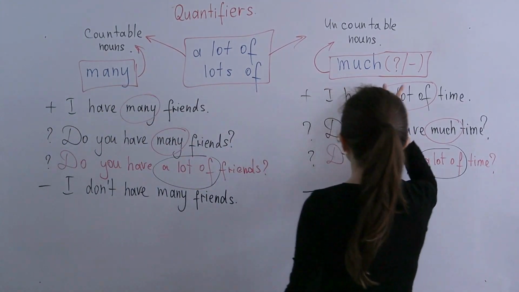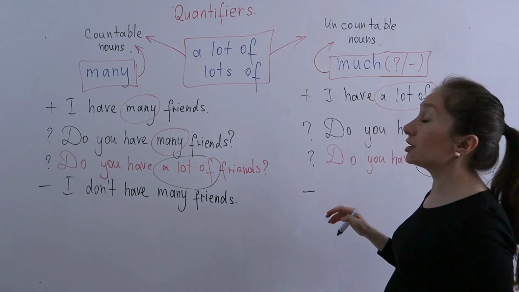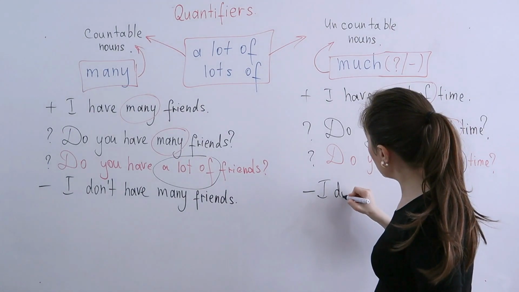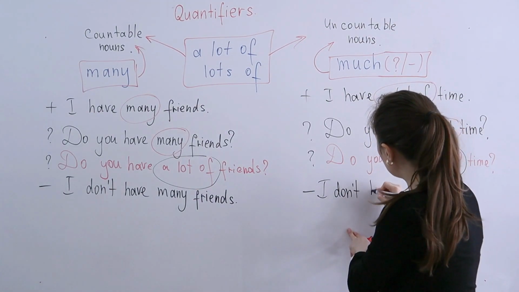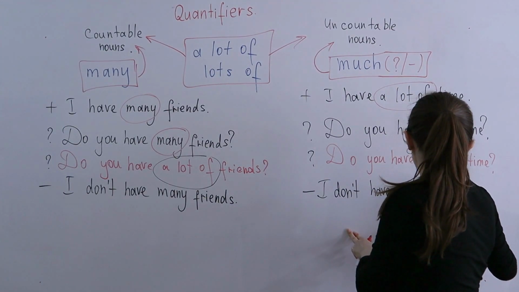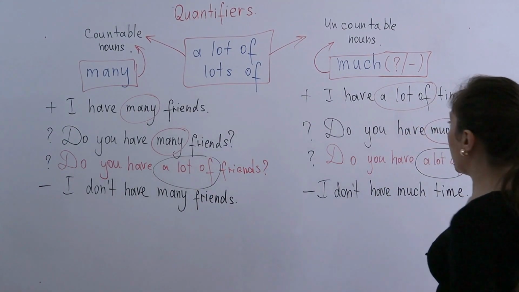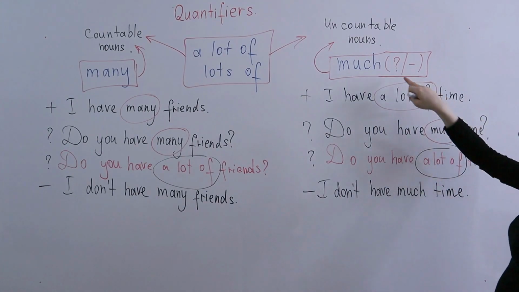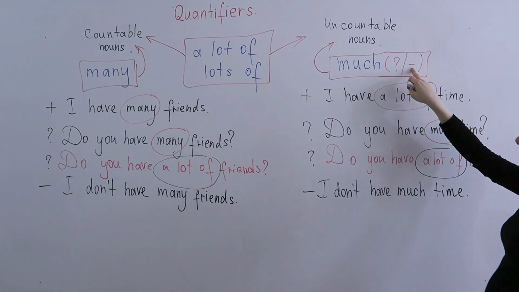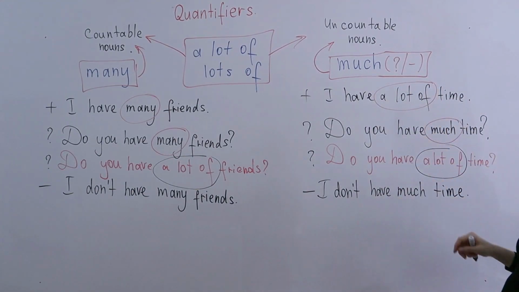Next, negative sentence with much. I don't have much time. I don't have much time. Okay. Much question. All right. Much negative sentence. All right. Right? I don't have much time.